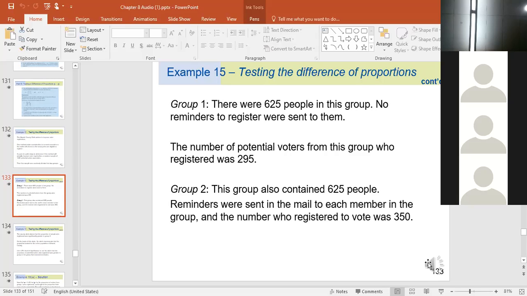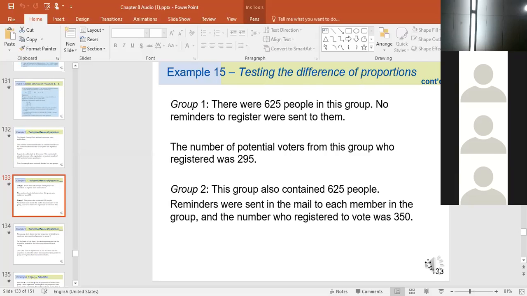N2, 625, X2, 350. The first group is the group that did not receive. So H0 is P1 equal to P2, and H1 is P1 less than P2, because we want to say that reminding people will improve registration.